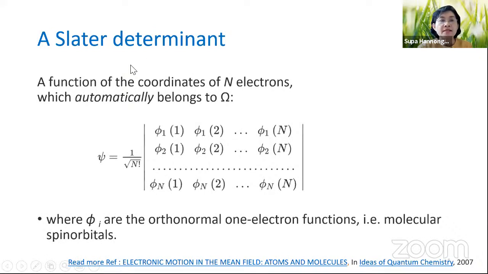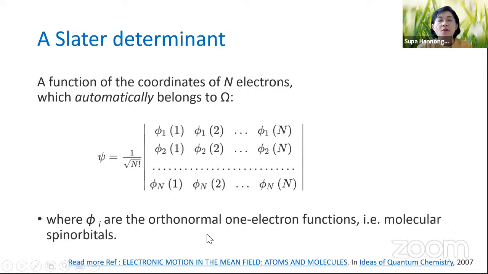And the Slater determinant helps us. Okay, and this is the original form of the Slater determinant: psi equals a normalization factor times the Slater determinant of the orbitals of electron 1, electron 2, and so on. This is a symbol that represents the orthonormal one electron functions.